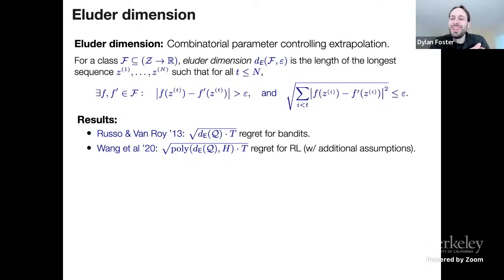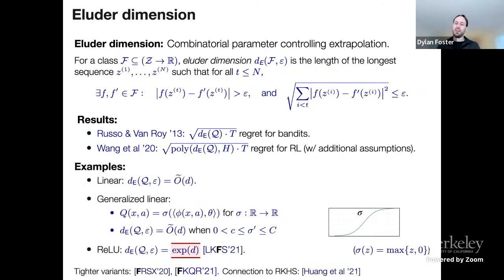It's not always small. So actually, let me give some examples. But just to be clear, when we apply this to RL, we're applying this to a class of Q functions. So the domain will be states by actions. But yes, it's not hard to construct examples where this is infinite, indeed. So if we look at some examples, for linear models, you can show that this is bounded by the feature dimension.